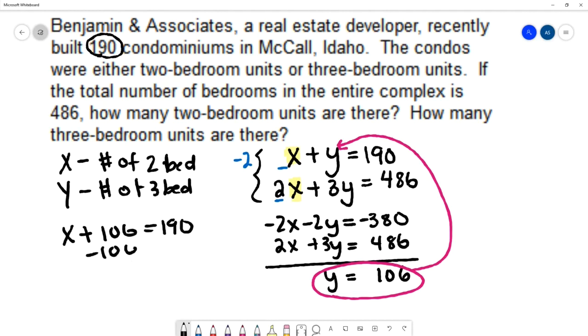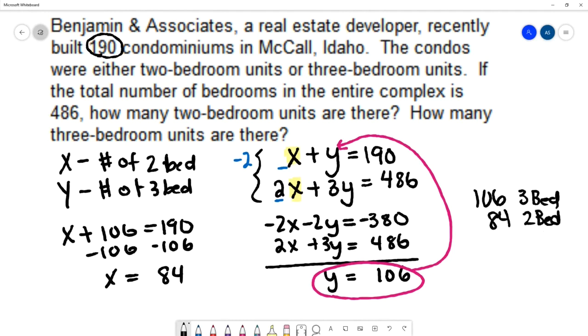I'm going to subtract 106, and x is equal to 190 minus 106, that's 84. So we have 106 three beds and 84 two-bedroom condos.